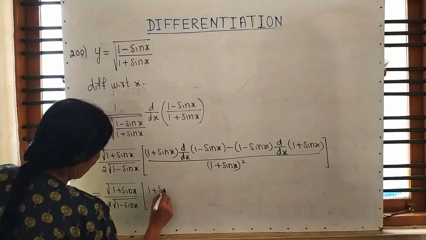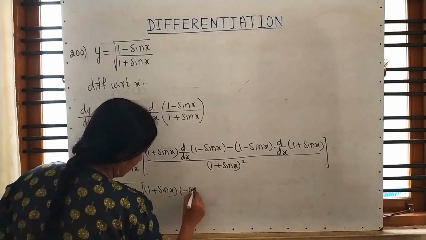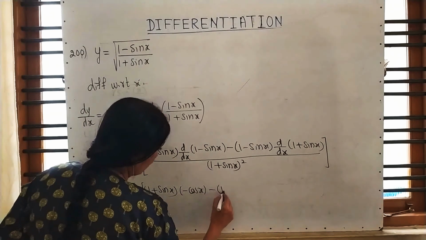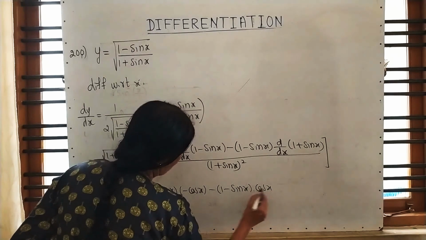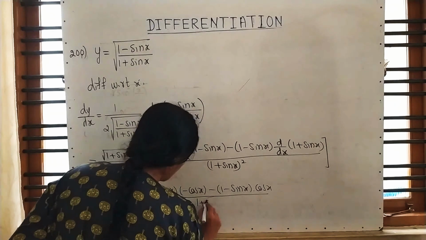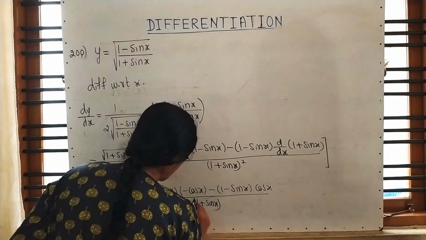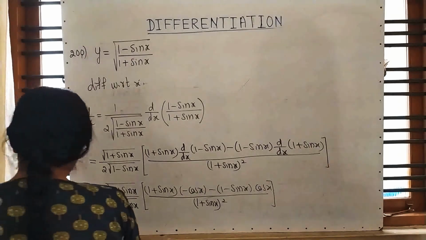Plus sin x as it is. Differentiation of minus sin x is minus cos x. Like previous, I am only doing the previous steps.